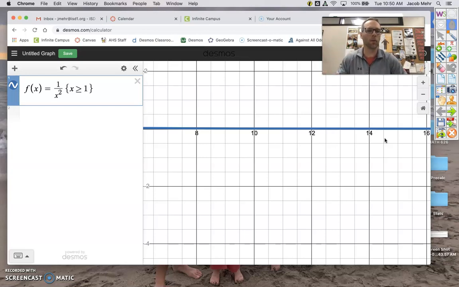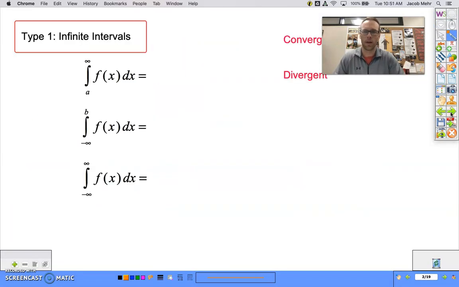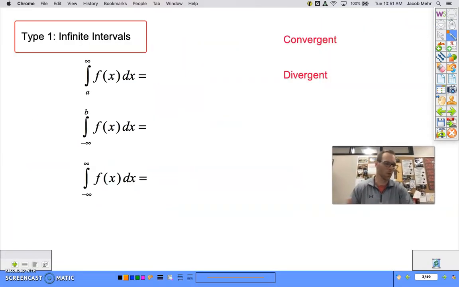When we talk about improper integrals, this is our first type, where we look at infinite intervals, where we're taking integrals as they go to infinity. It's really a cool thing to think about. So here's how we do it. This is type 1 improper integrals, and these are called infinite integrals.